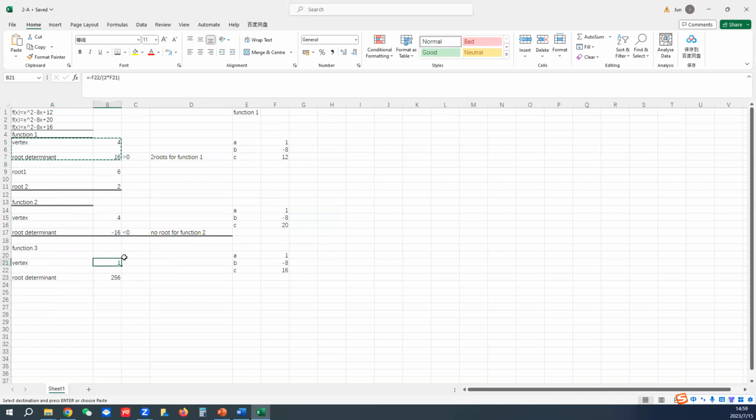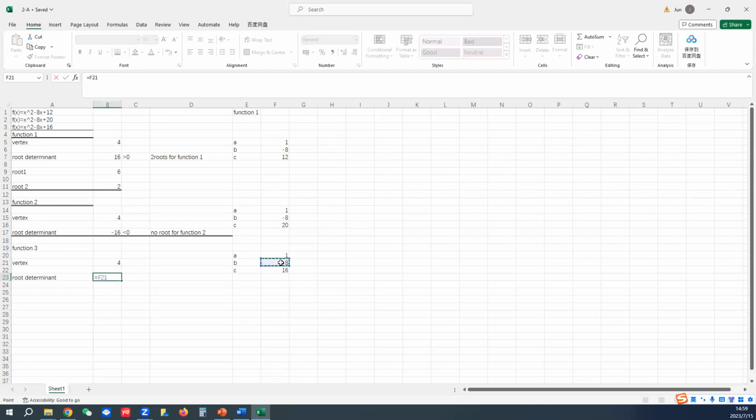So now for vertex, it is minus b over 2a, which is also 4. Here, the reason is a and b hold the same for all the three functions, so the vertex should be the same. Now, the root determinant.